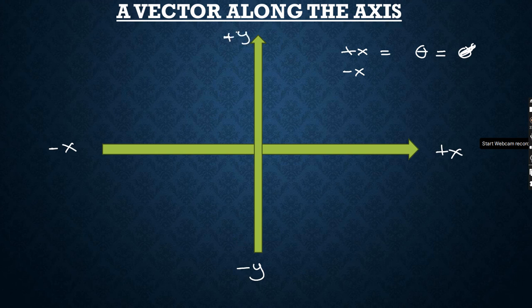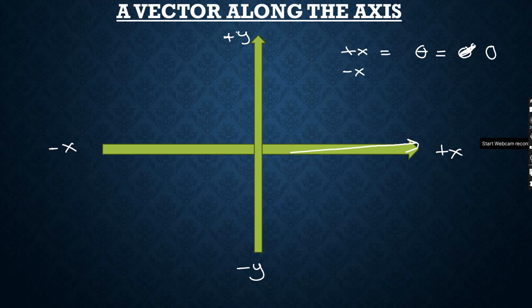We measure the angle from the positive x direction. Now let's say they just tell you that the vector is moving in the positive x direction. This means the vector hasn't made any angle. That's why the direction will always be 0 here. It is 0 when a vector is moving along the positive x direction.